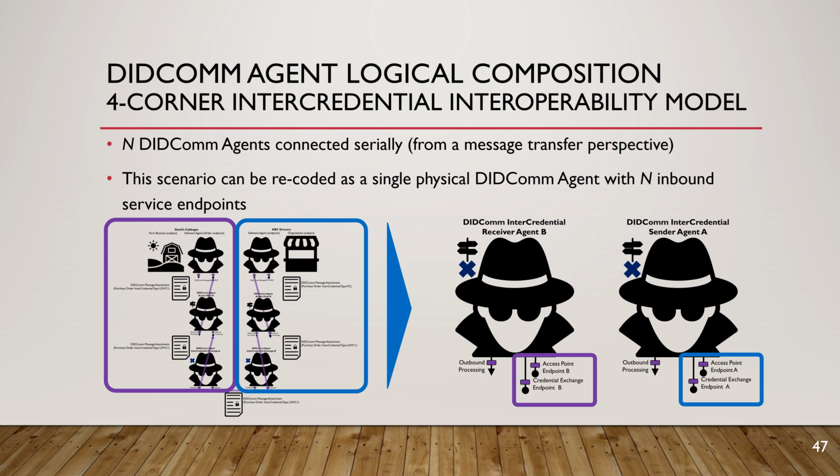So here is what lies behind the DIDCOMM agent logical composition model. Suppose you have n DIDCOMM agents connected serially. And when I mean serially, I mean from a message transfer perspective. So if we look on the right-hand side in the blue box, on the ABC Grocery sender side, we have 3 agents in a row.